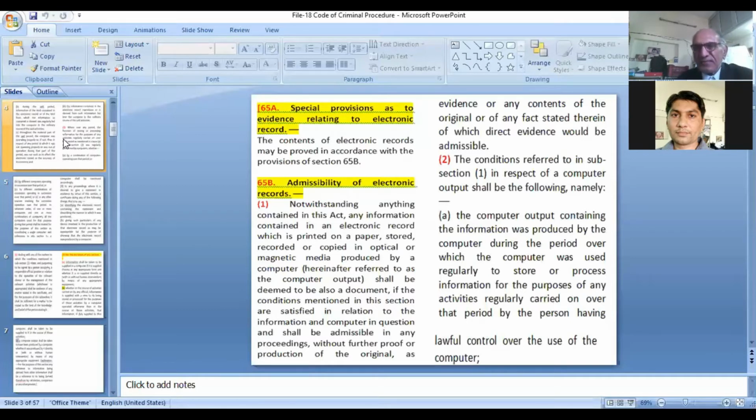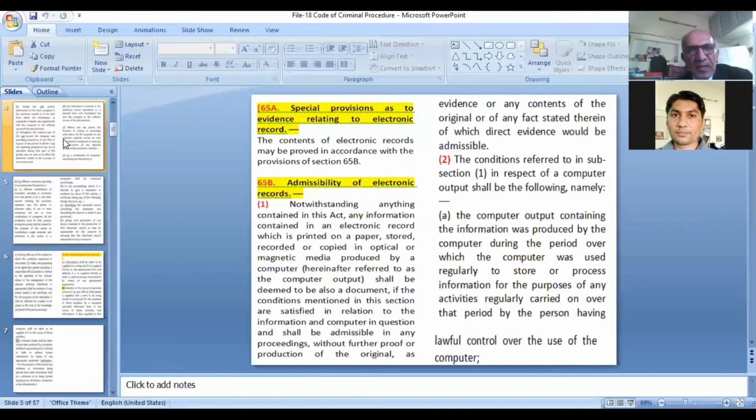Now, these words, information for the purpose of any activities regularly carried on, imply that the institutions, the individuals, or the groups, or any other collective counters, public counters, where a computer is being used as a machine, as a tool for recording the activities, this record of such computer as its computer output is being specified here in section 65B(2)(a).